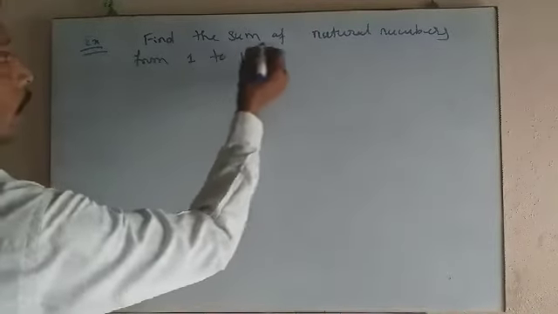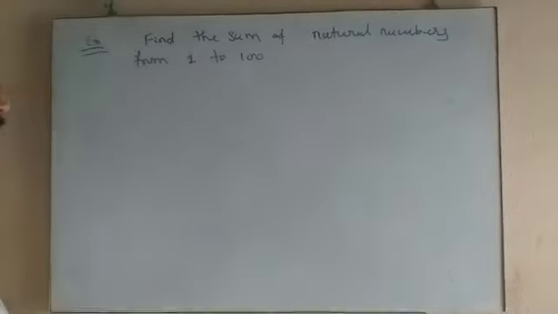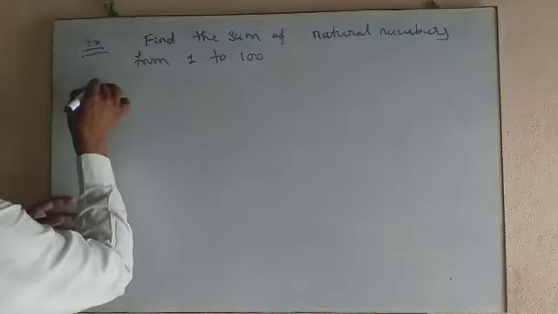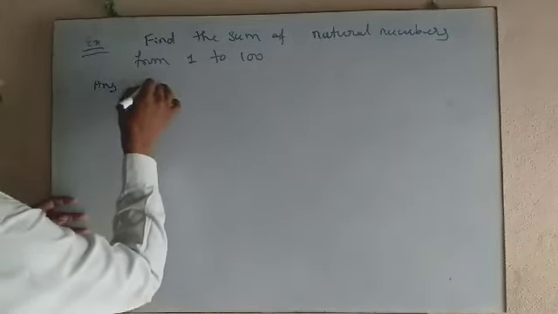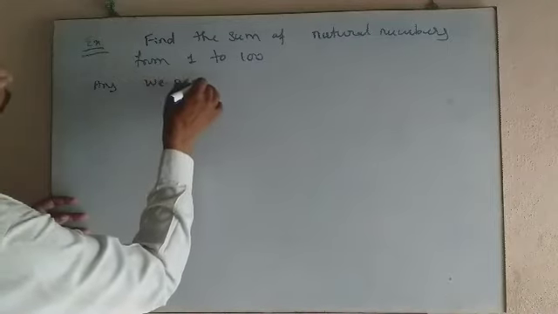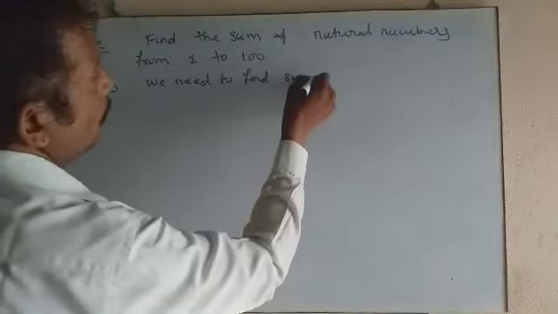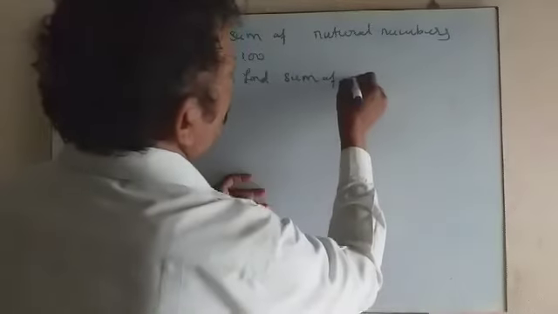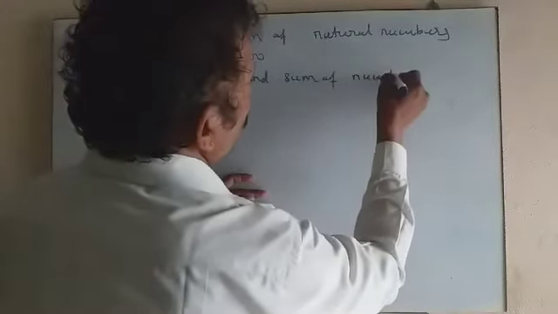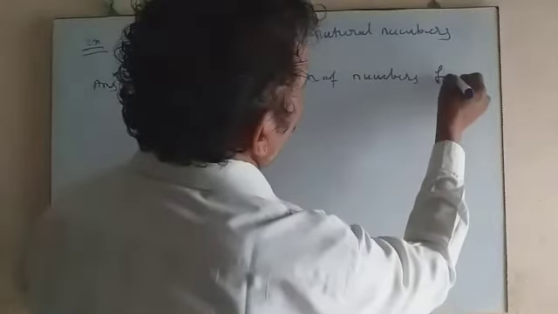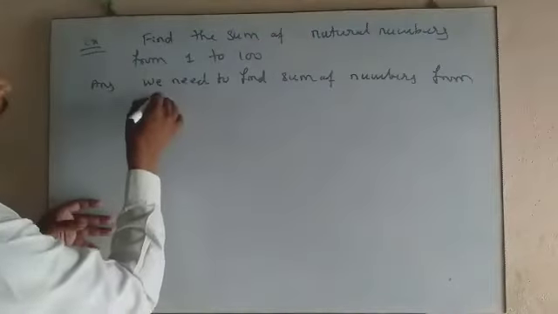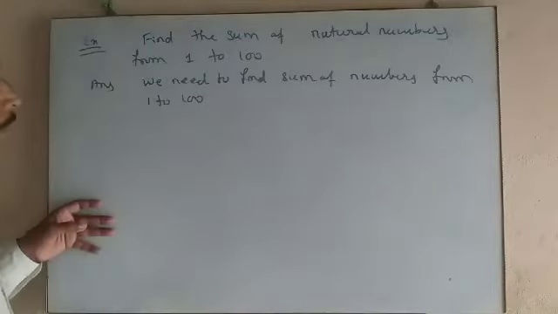We need to find the sum of natural numbers from 1 to 100. Answer: we need to find the sum of numbers from 1 to 100.